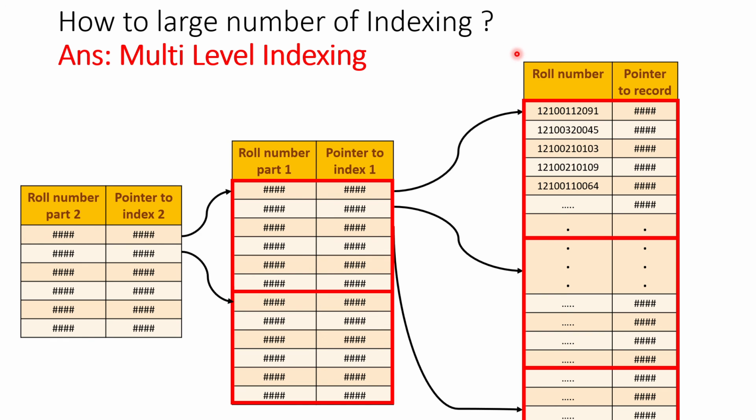The query doesn't have any idea that the roll number is divided into two parts. When a user gives the query, he will put the roll number as a whole. The software will divide this roll number into two parts. The software means who? The operating system will divide this roll number into two parts, and according to that, the OS will start searching for the particular roll number in this tree structure.